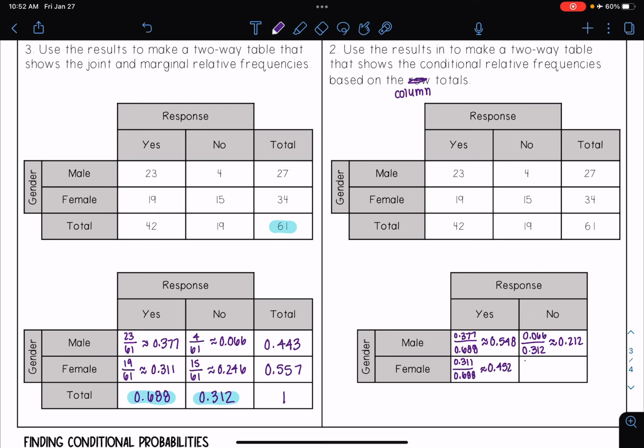And then the last one, I want to do 0.246 divided by that column total, which is 0.312. So 0.246 divided by 0.312, and I get that this is approximately 0.788. And so here you know that you do it correct if your columns end up adding to equal 1, and I see with both of these they do.